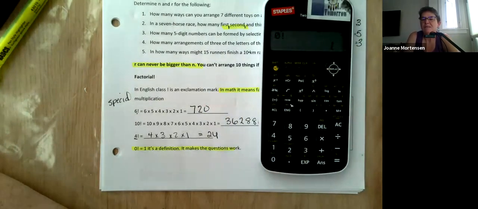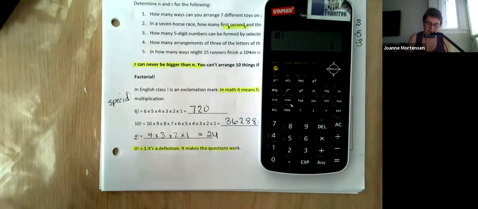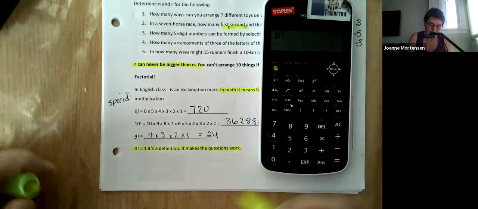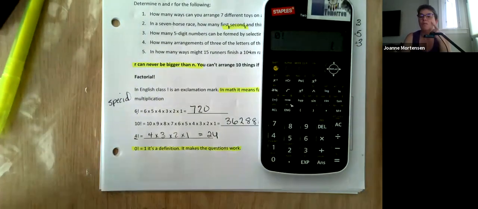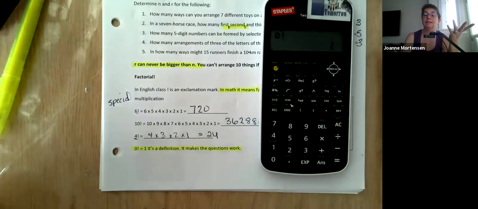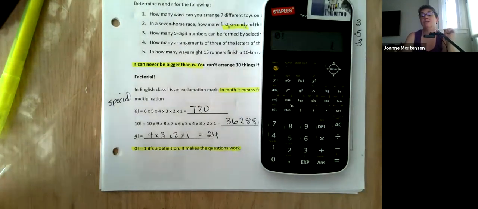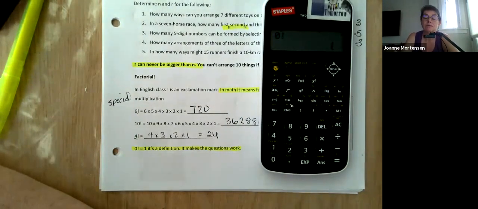It's the only way the questions make sense. It's kind of like the definition that 1 is not considered to be a prime number. Because if it is, then a whole bunch of formulas don't work. So they said, no, 1's not prime. We'll just start at 2. Mathematicians get to do that, and we just follow along with the rules.